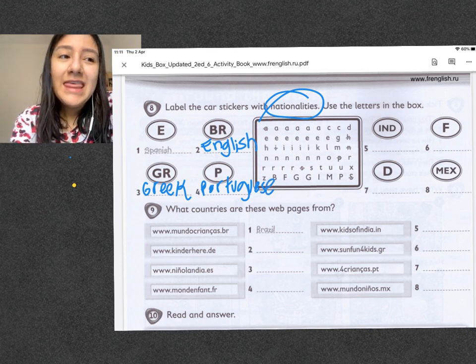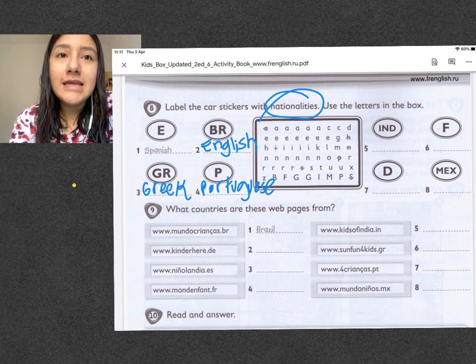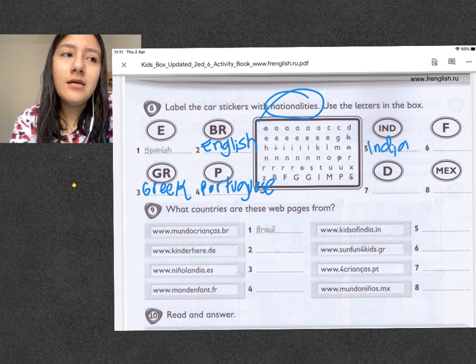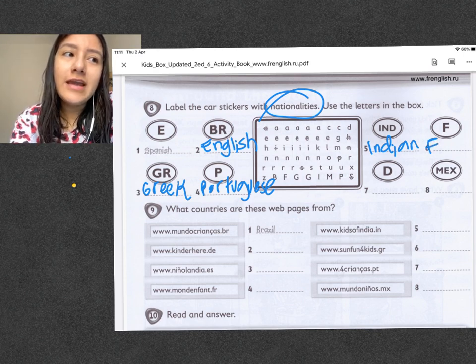Okay, then the number 5 is IND, which stands for India, but the nationality is Indian. And then the number 6 is F for France, but the nationality is French.